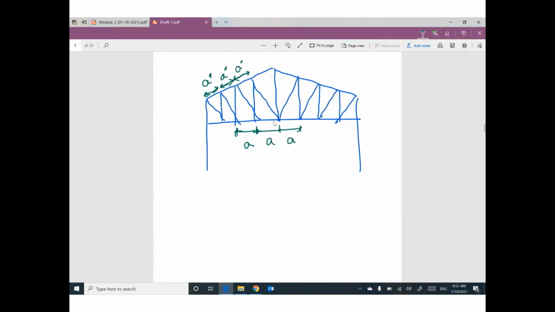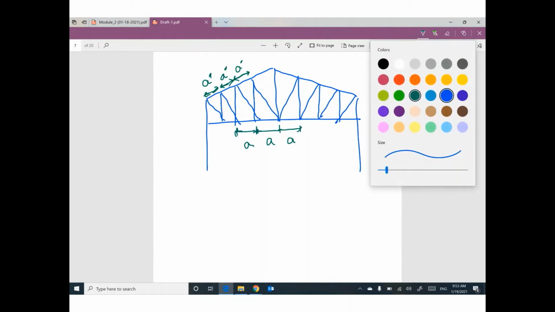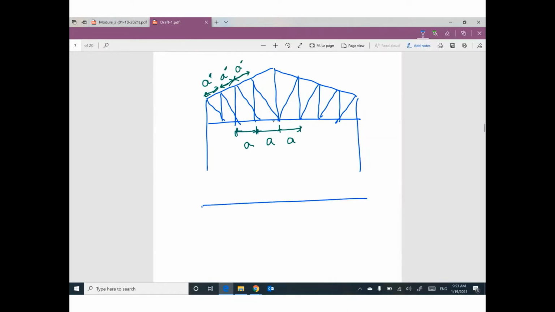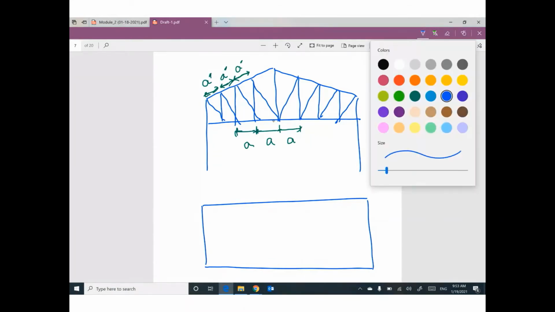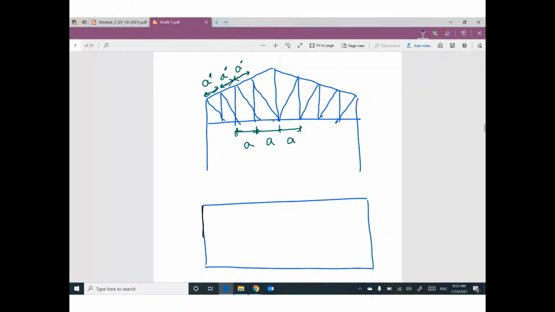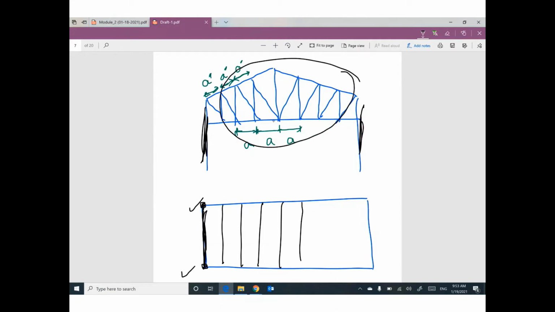And one more thing, if you have an area of land like this, and you decided to put your main system in this direction, so we have a column here, another column, this column, and this column, and the truss is this line.